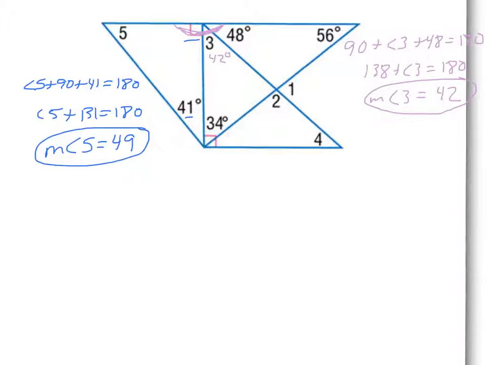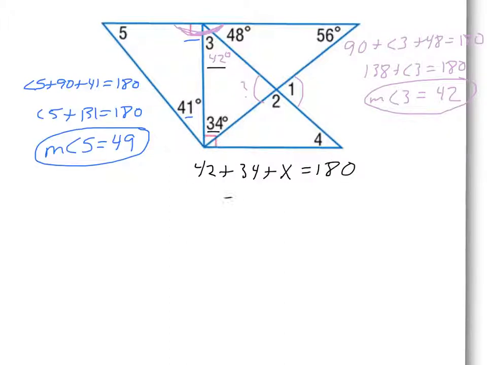Well, I know that angle 1 is vertical to this angle right here. So this angle, if I find it, will give me angle 1. So I have 42 and 34. So 42 plus 34 plus this missing angle, which we'll call x, equals 180.